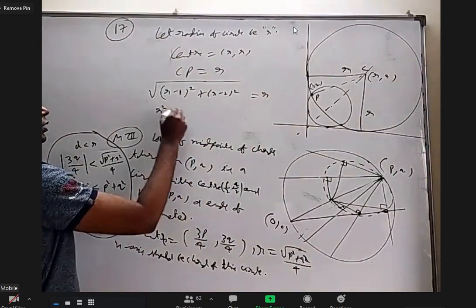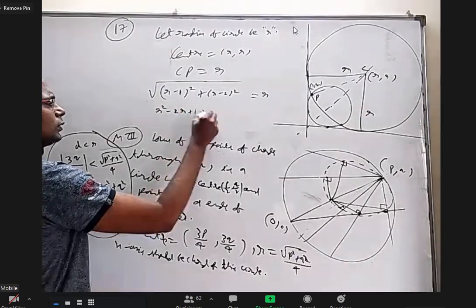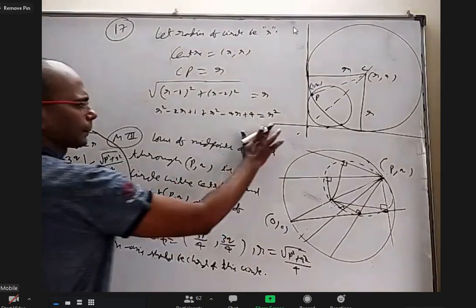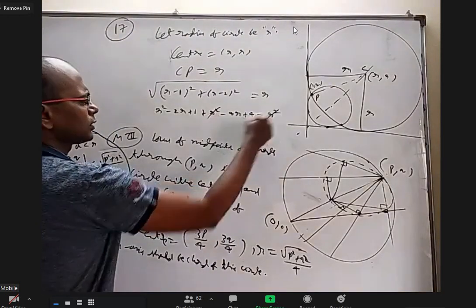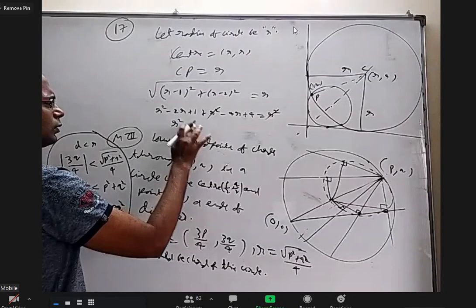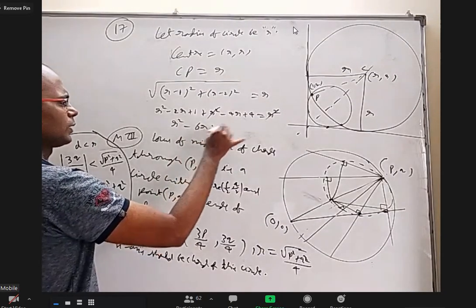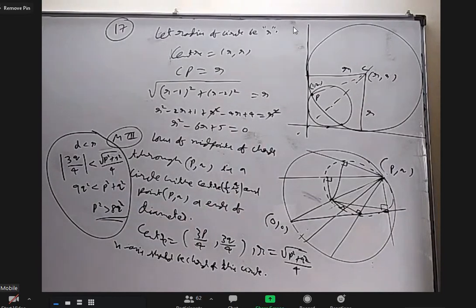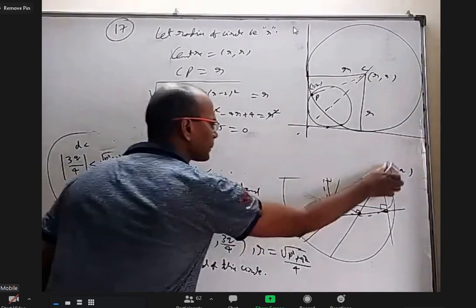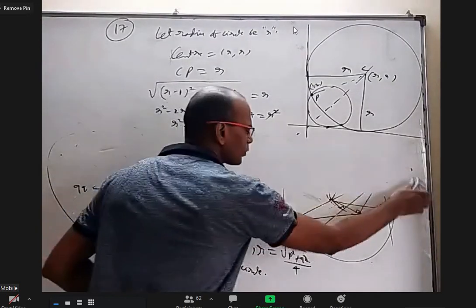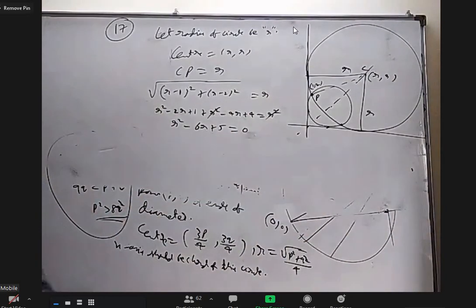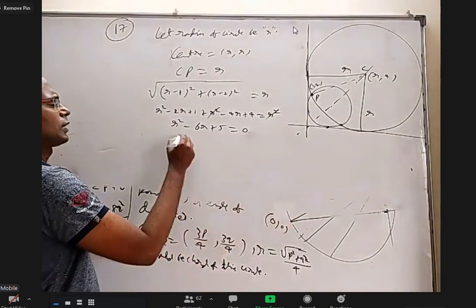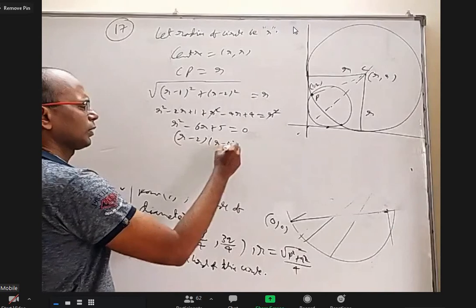So root over (R minus 1) whole square plus (R minus 2) whole square equals R. Square it: we get R square minus 2R plus 1 plus R square minus 4R plus 4 equals R square. You can cancel this. You will get R square minus 6R plus 5 equal to 0. That is (R minus 1) into (R minus 5) equal to 0.